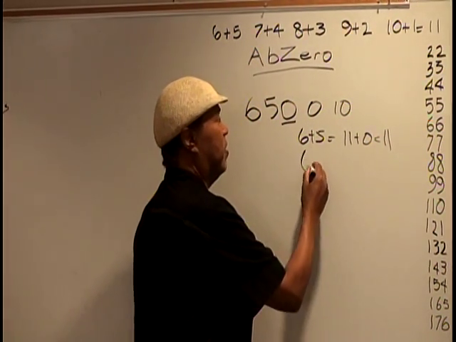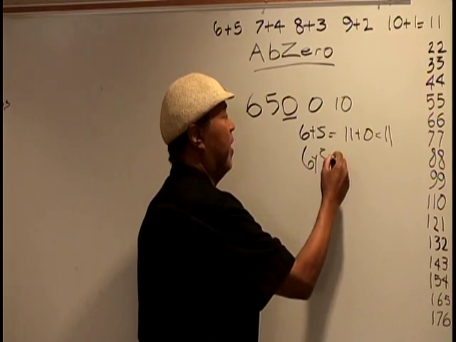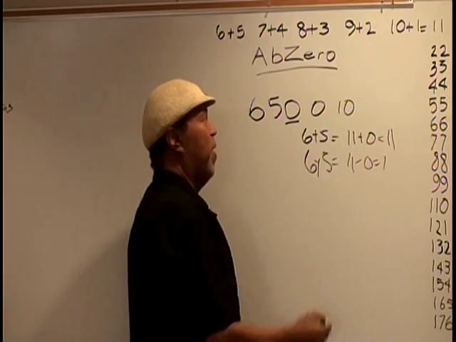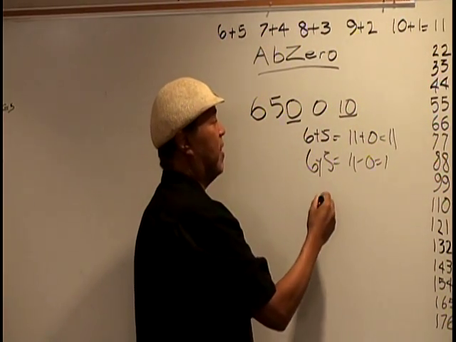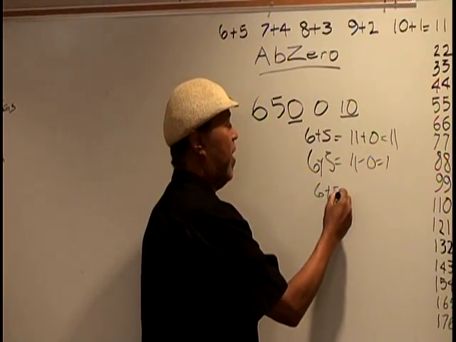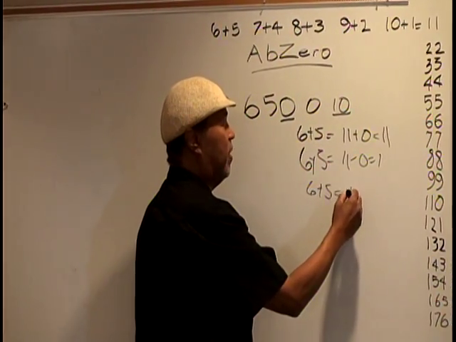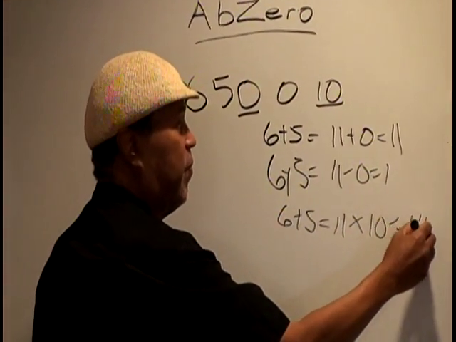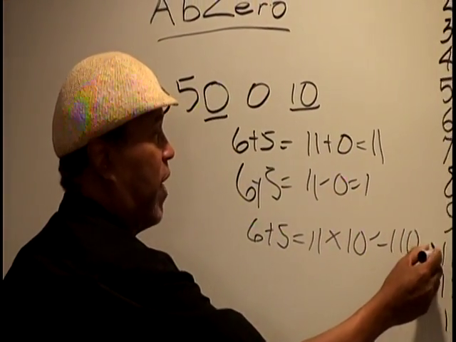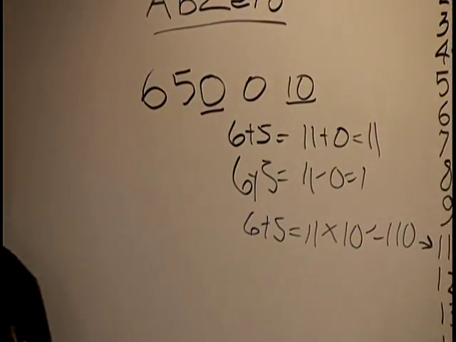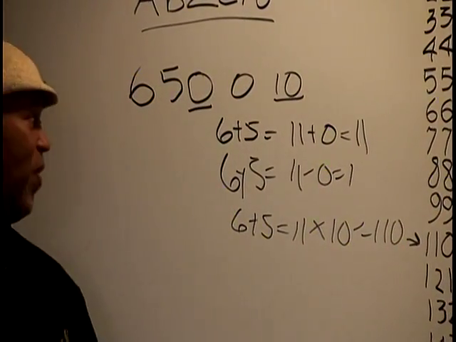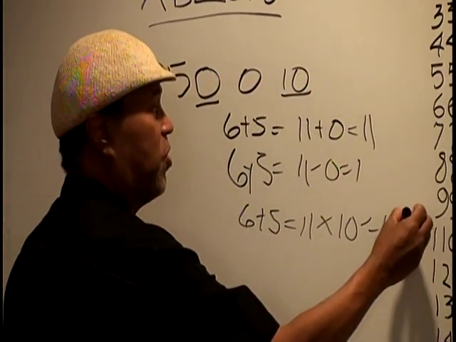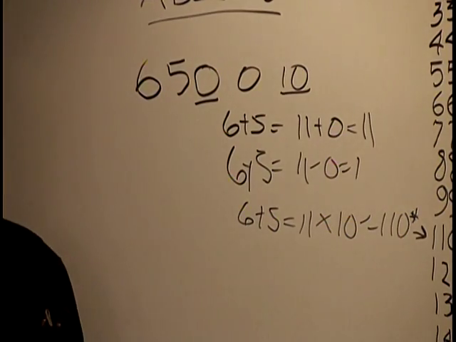Same thing with 6 plus 5 equals 11 minus 0 is still 11. But what if we want to use the 0 as a 10? 6 plus 5 equals 11 times 10 equals 110. And that corresponds with the answer right there. 110 is a multiple of 11, and therefore it's a solution. And we always mark a solution with a little star by it.